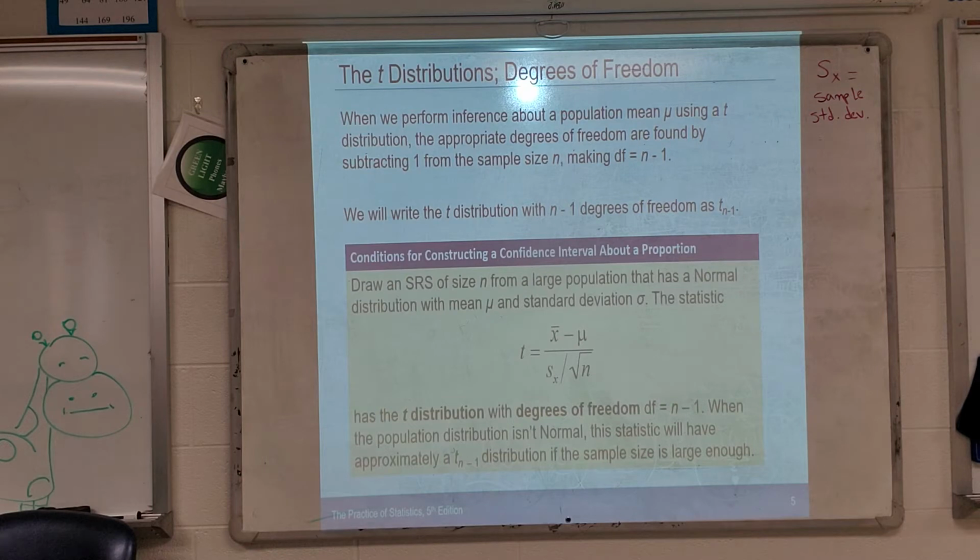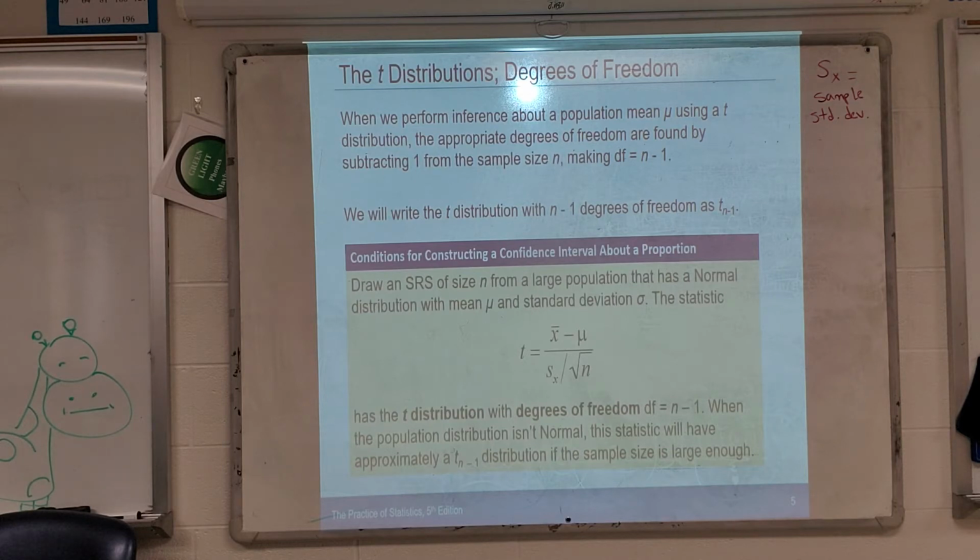So you're going to draw a simple random sample of size n from a large population that has a normal distribution with the mean mu and a standard deviation sigma. The statistic has the t distribution with degrees of freedom n minus 1. When the population distribution isn't normal, this statistic will have approximately a t sub n minus 1 distribution.